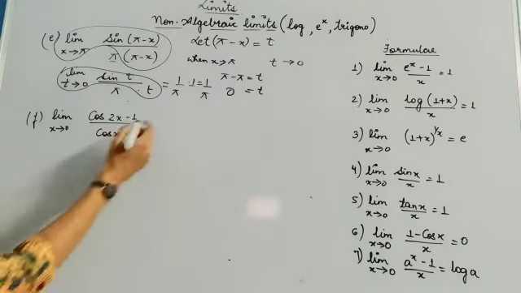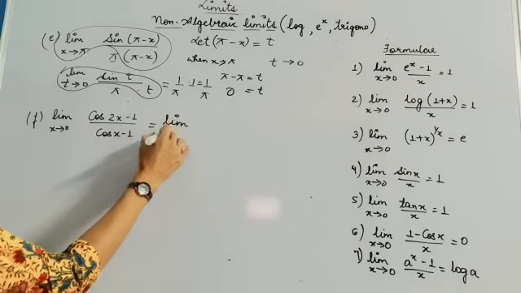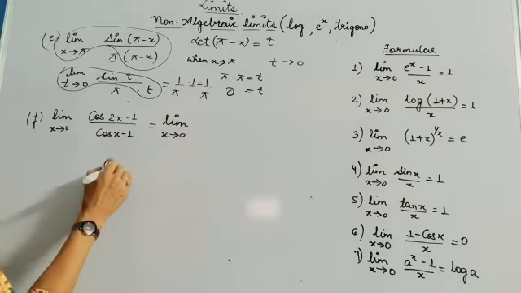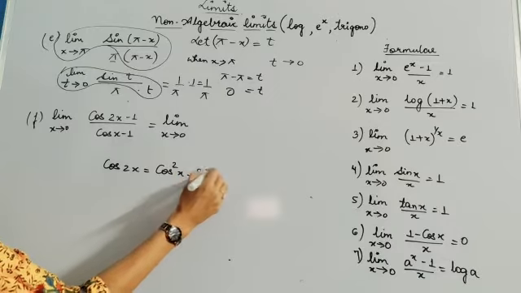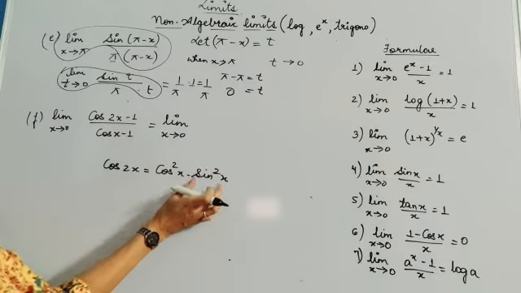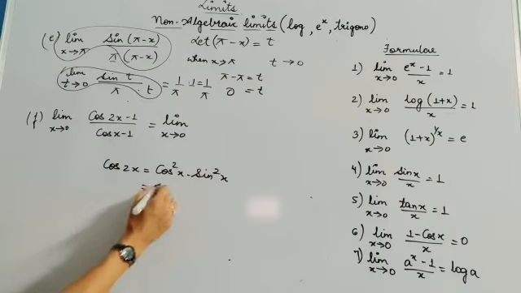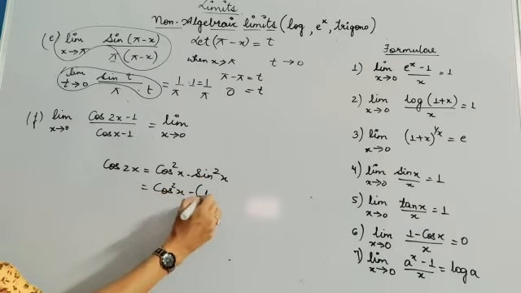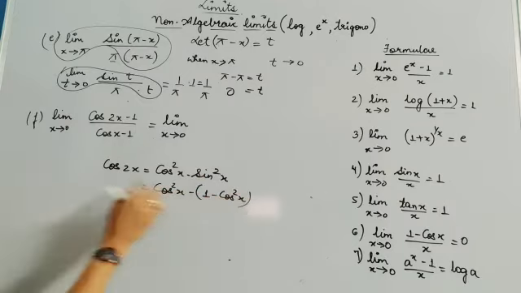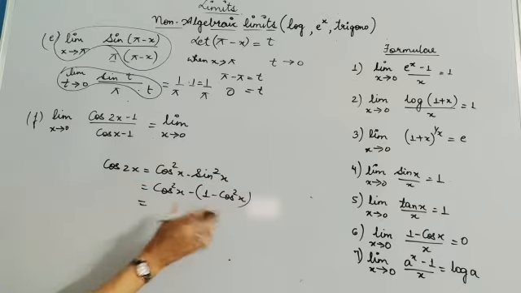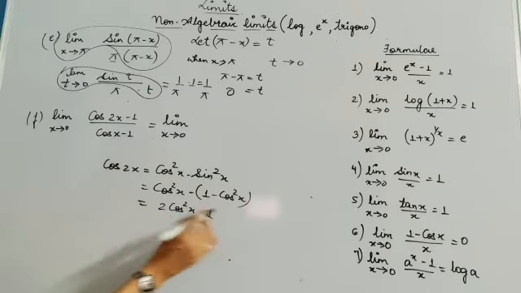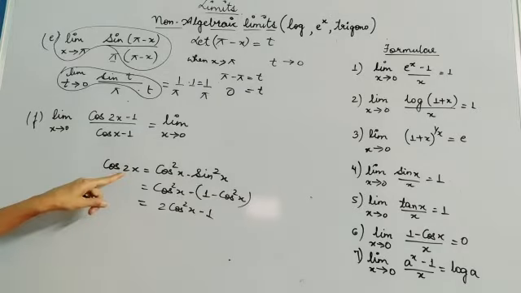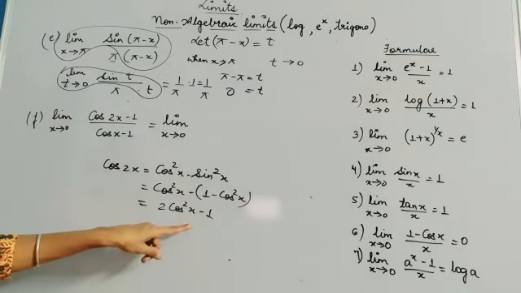But here you can also use cos 2x equal to cos square x minus sin square x, because you can replace sin square x as 1 minus cos square x. So entirely you are getting the terms in cos. So this will be minus and this will make it plus. So 2 cos square x minus 1. This is the proof of how you have taken cos 2x equal to 2 cos square x minus 1.